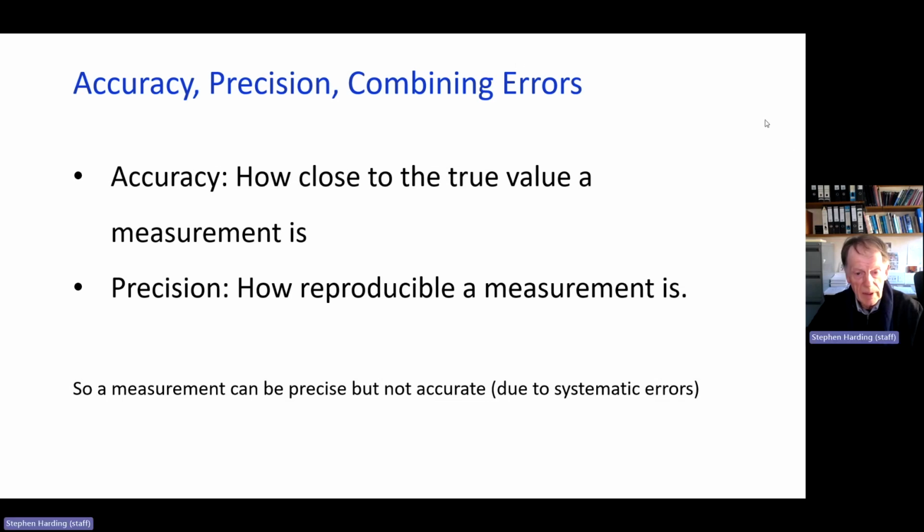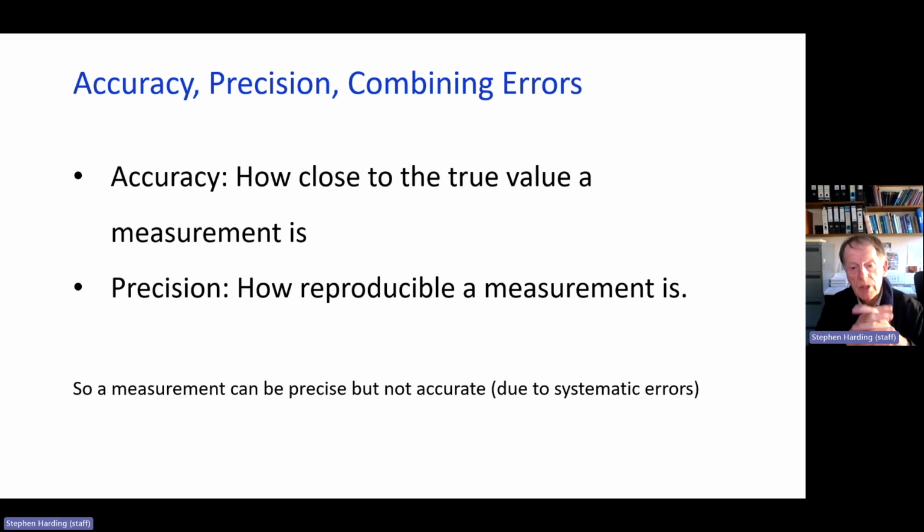And the answer is yes, there is. So we'll be describing that. And secondly, when you're combining measurements together, say, for example, you're making a measurement of density, which is mass per unit volume, and the mass has an error in it, and the volume has an error in it.